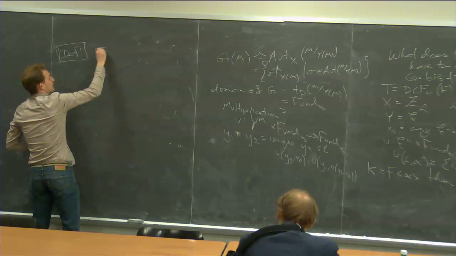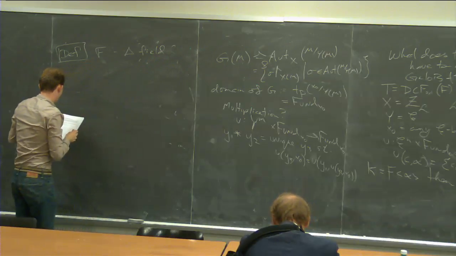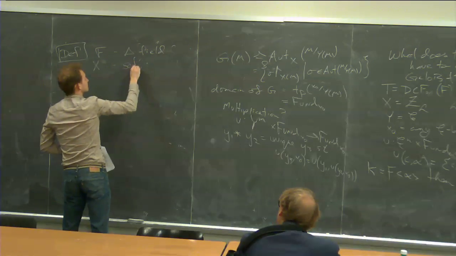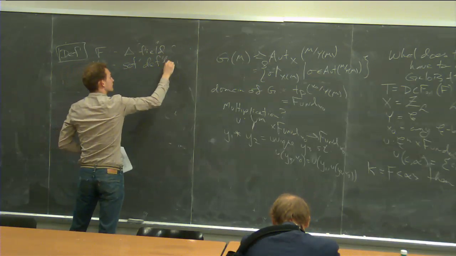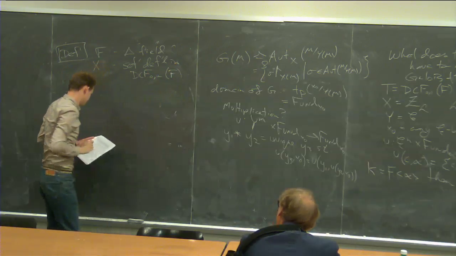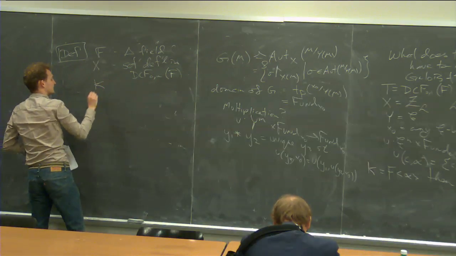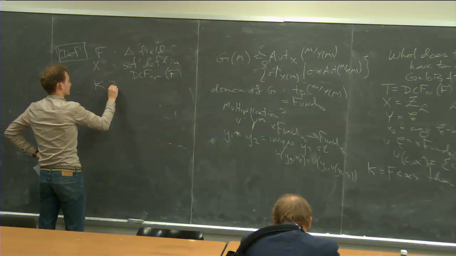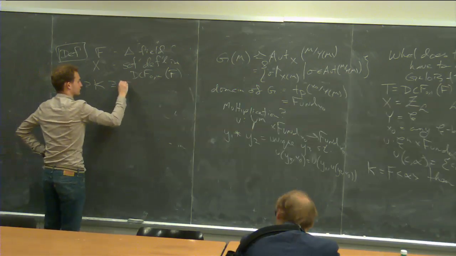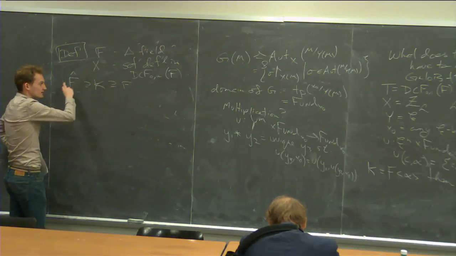So let F be a delta field, X be a set definable in DCF_{0,m} over F. And here K will be a differential field sitting inside the differential closure, but containing F. So this hypothesis isn't quite necessary.